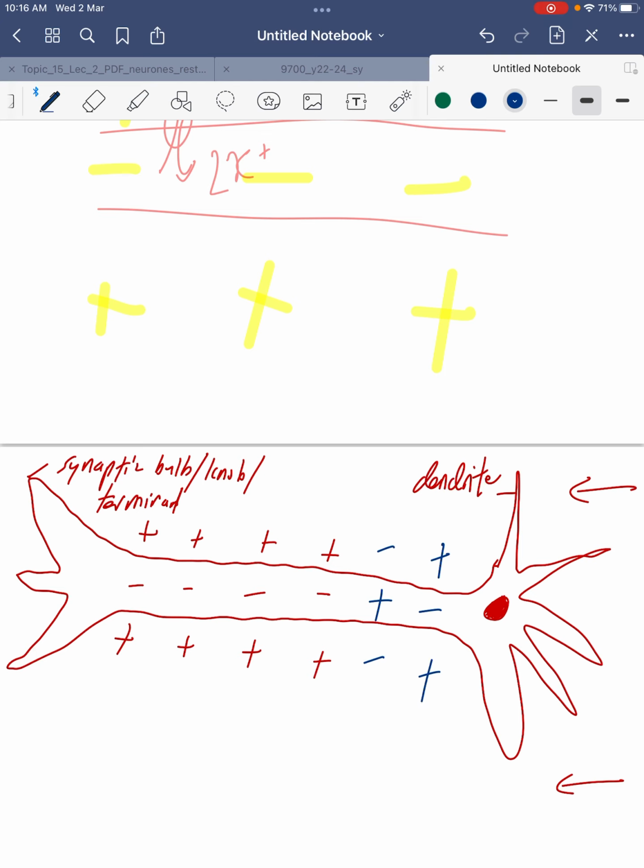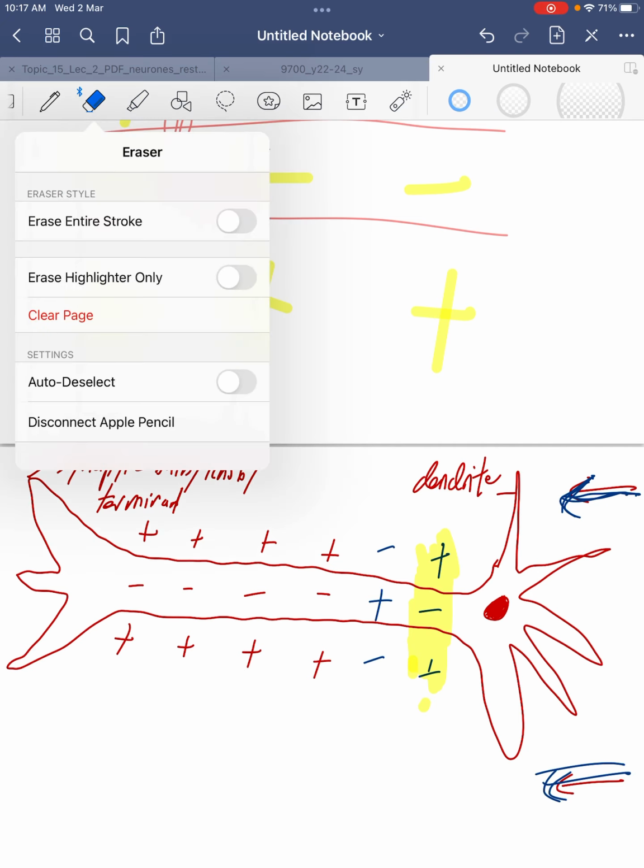Now if there is another incoming nerve impulse here, then this part here cannot be stimulated. This part here cannot be made positive because this is still in refractory period.